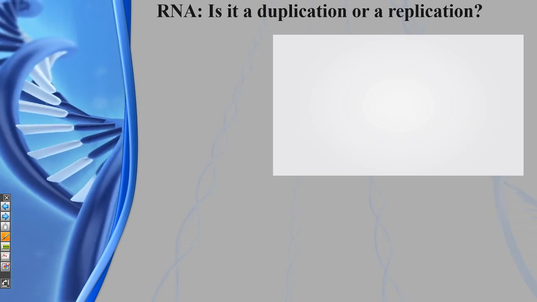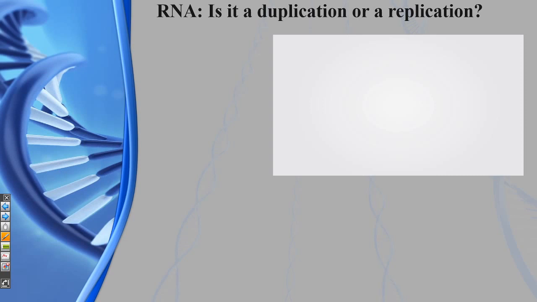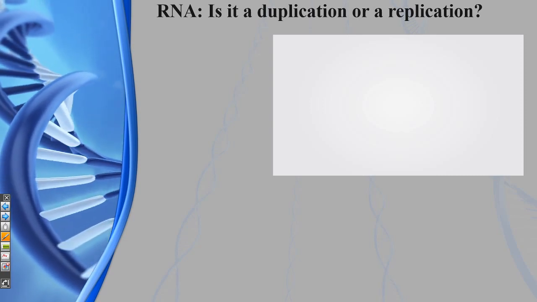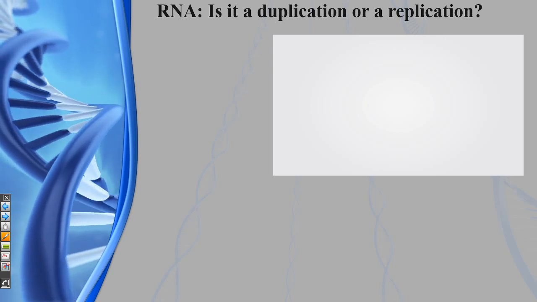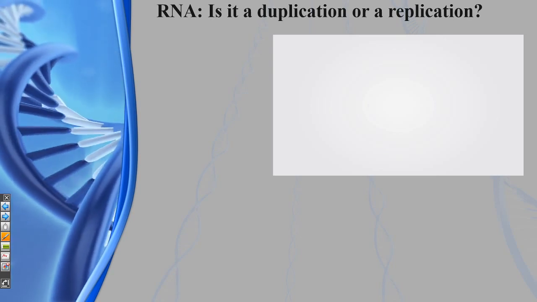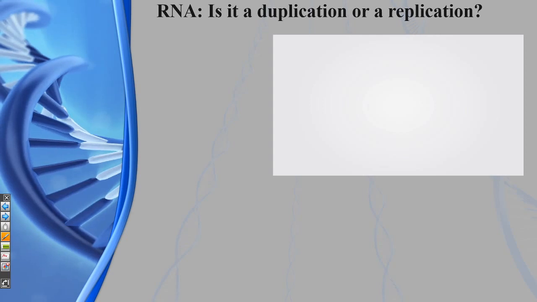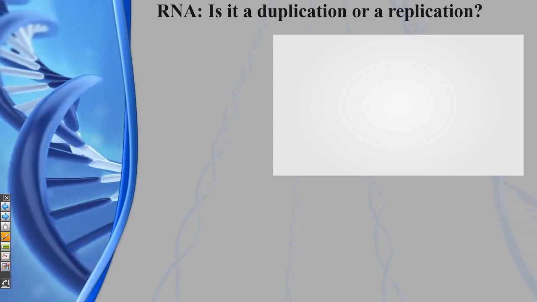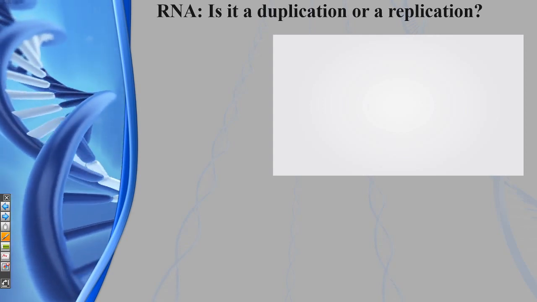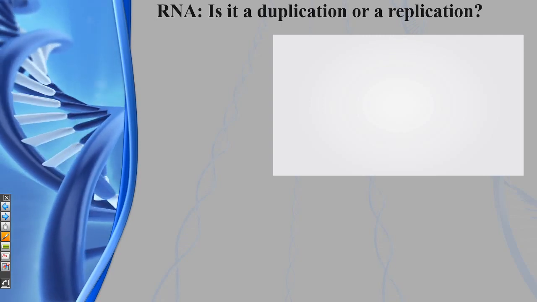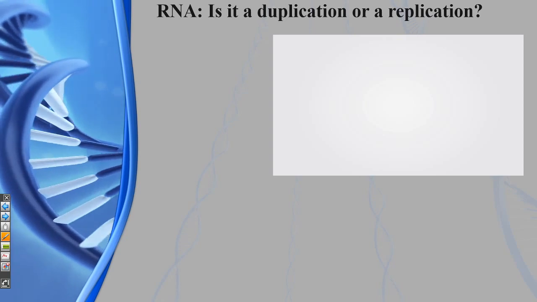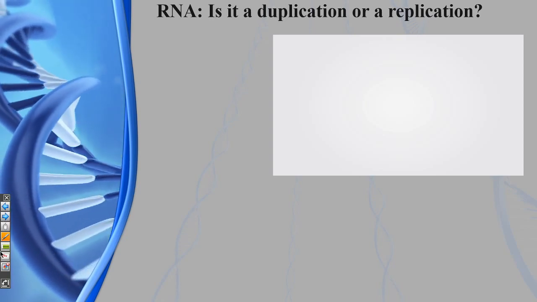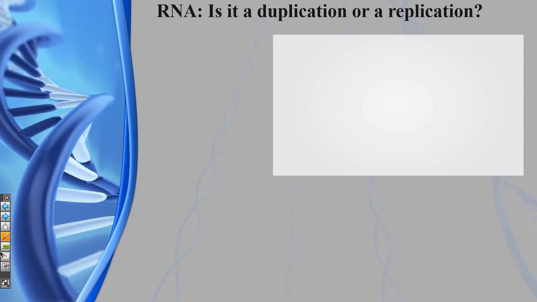Okay, what's a replication? A falsified copy. It's not a duplicate, so it's not exactly what was there. It's something that's been changed, or trying to copy what the original is. You're mimicking it, replicating it. Okay, exactly.